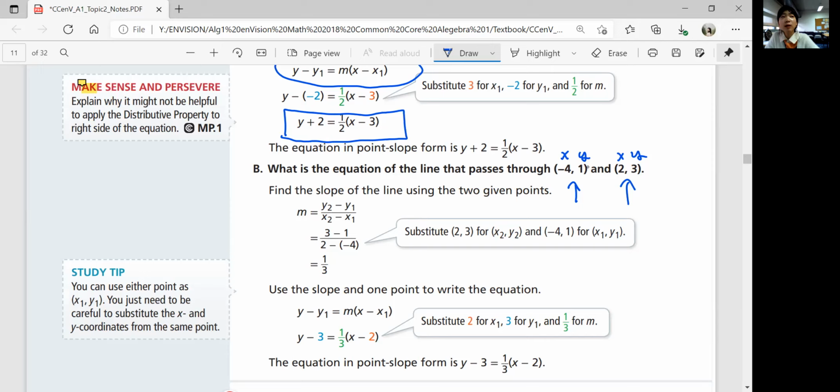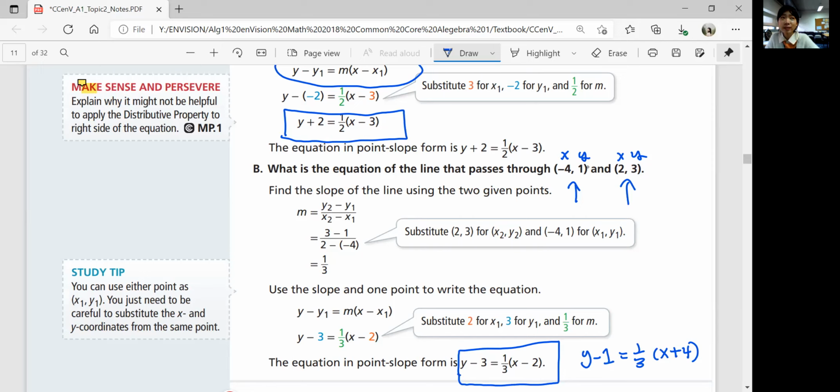You're going to put 3 instead of y sub 1 and 2 instead of x sub 1. Your equation in point slope form is y minus 3 is equal to 1/3 times x minus 2. This is also the same as y minus 1 is equal to 1/3 times x plus 4, because if you choose that point, that will also be a point slope form.